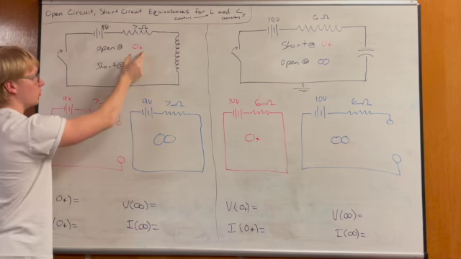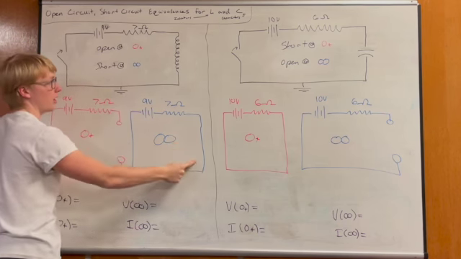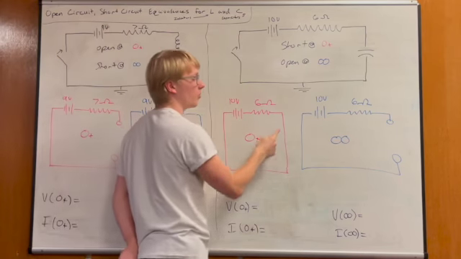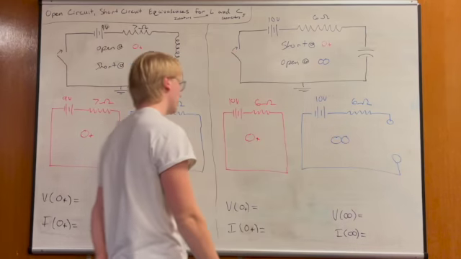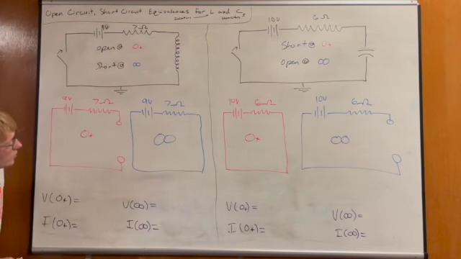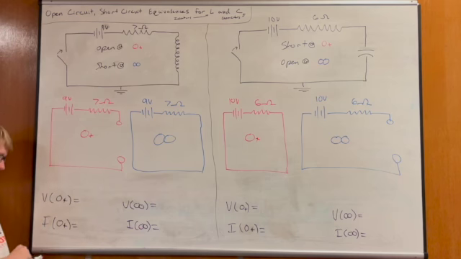The inductor would be open initially and short after a long period of time, and the capacitor would be short initially and open after a long period of time. And so first, we're going to do current, because current is easier and it's better to understand when you do the easier one first.